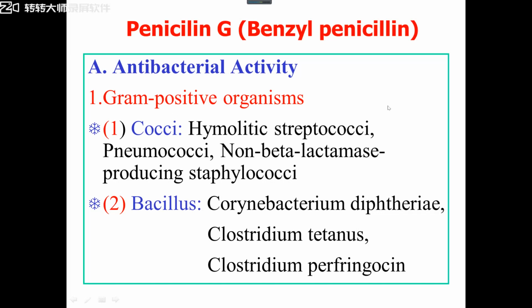That means it can kill these gram-positive cocci and bacilli. So later we can use penicillin G to treat these sensitive bacterial infections as the first choice antibiotic.